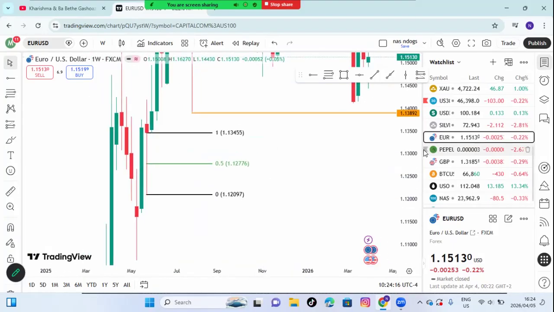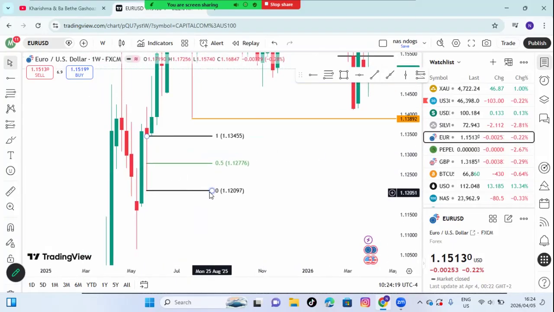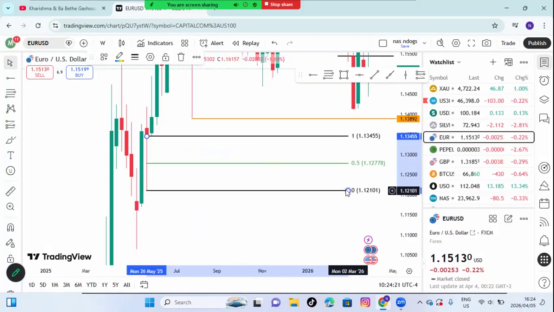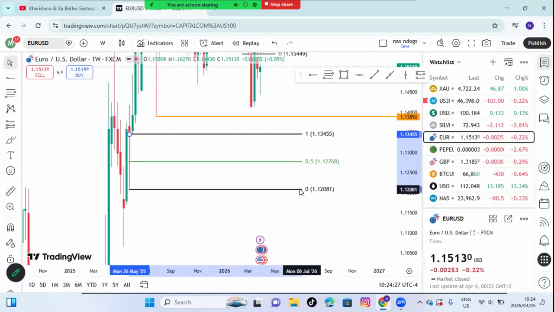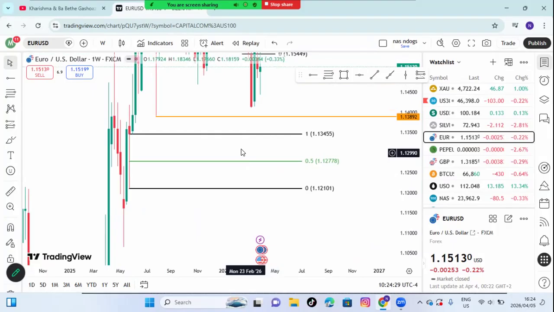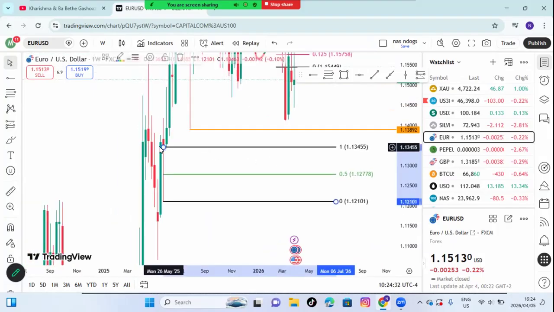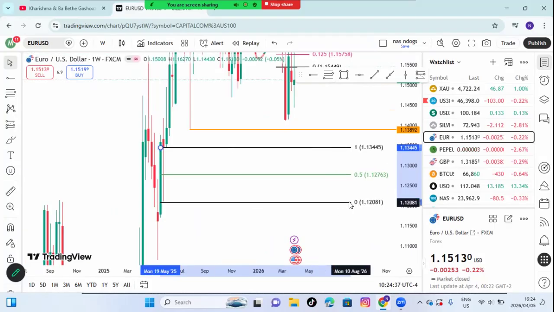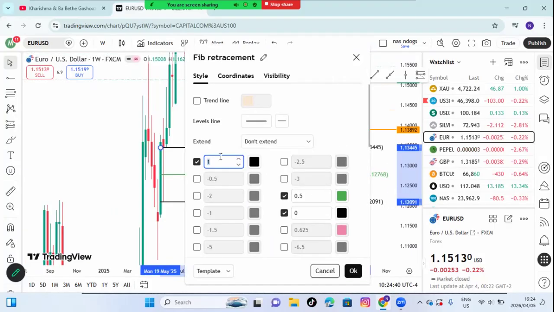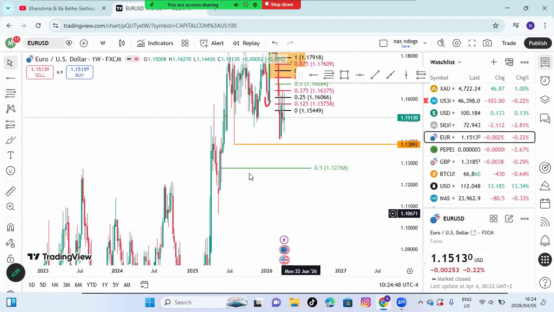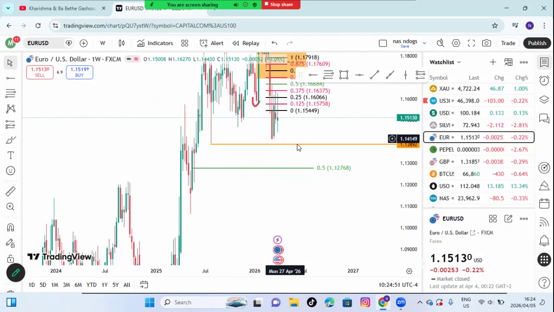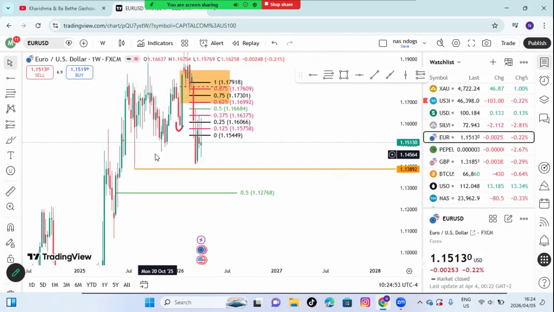Since this is the case here, let's go. So this is below this target that we're looking for next week.